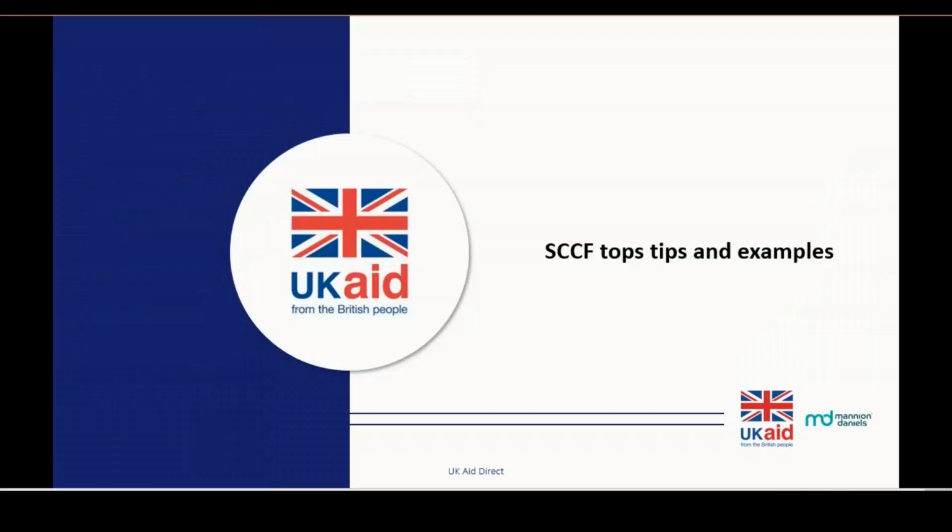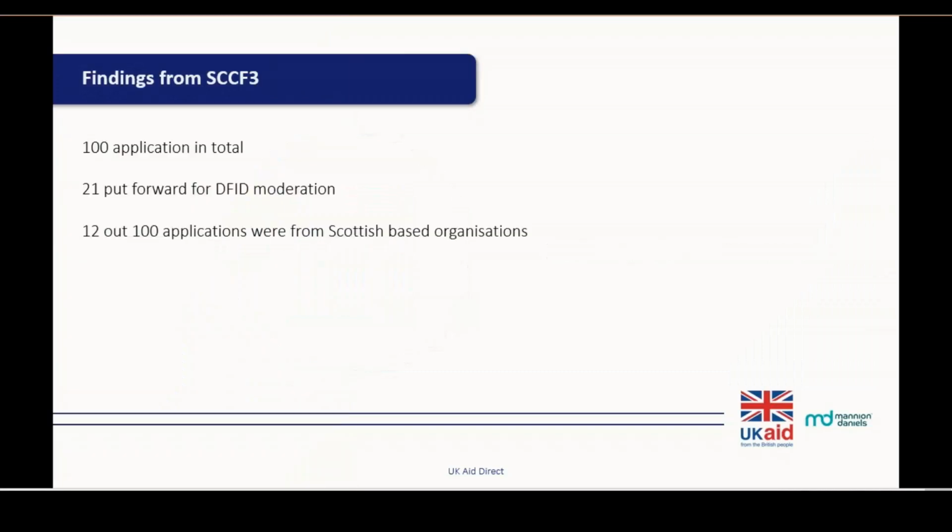Moving on, in terms of top tips and actual examples. From SCCF 3, we got 100 eligible applications in total. 21 were put forward for DFID moderation, so were recommended for funding.